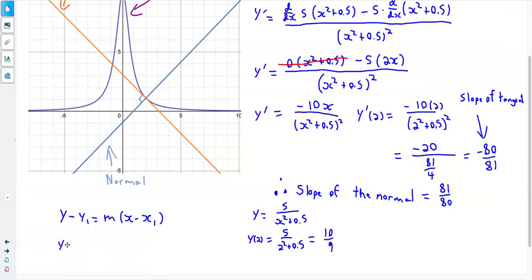So we've got y minus 10 over 9 equals 81 over 80 times (x minus that x position of 2).